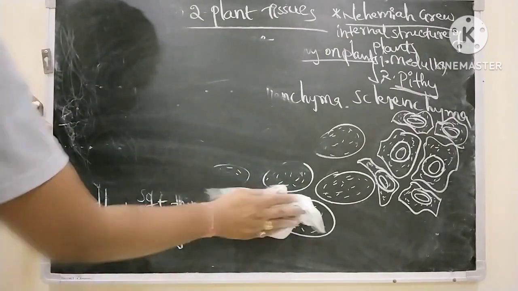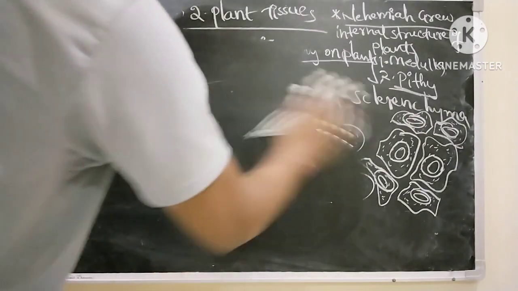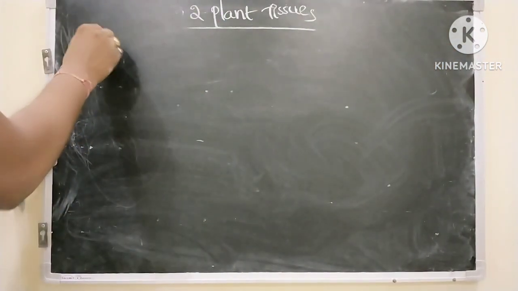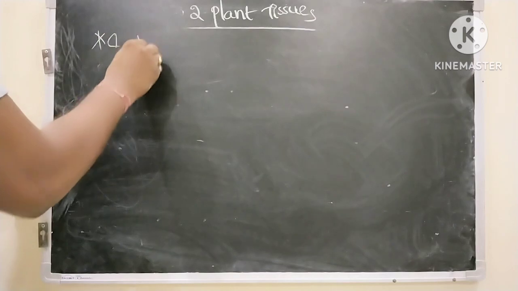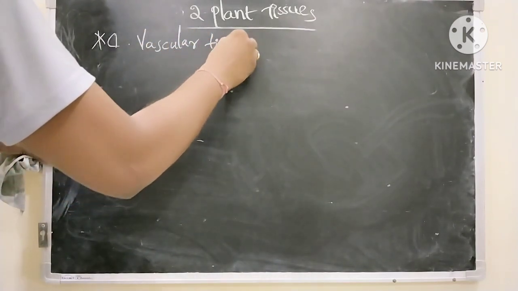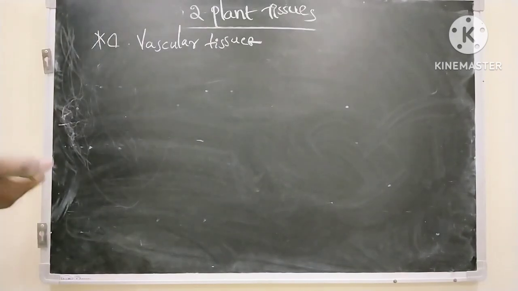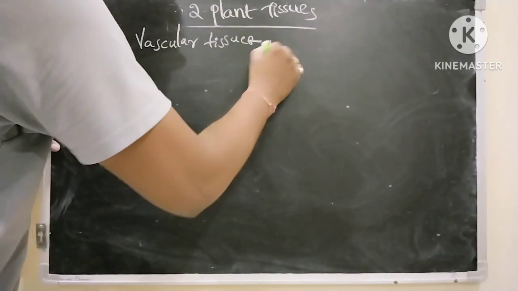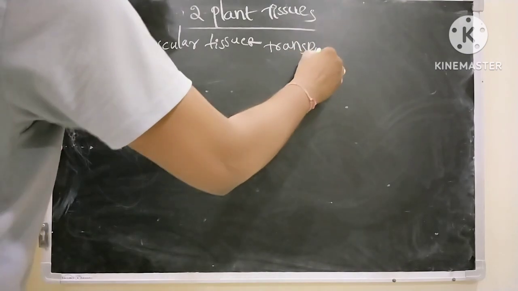Next tissue, vascular tissue. Vascular tissue is the tissue that helps in transportation of water and food materials.